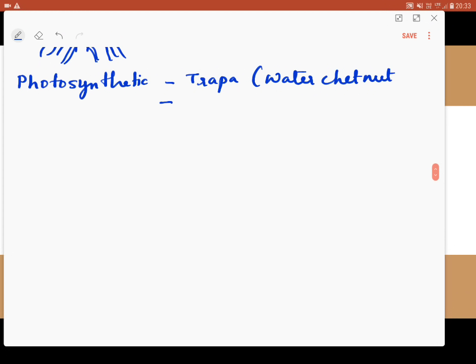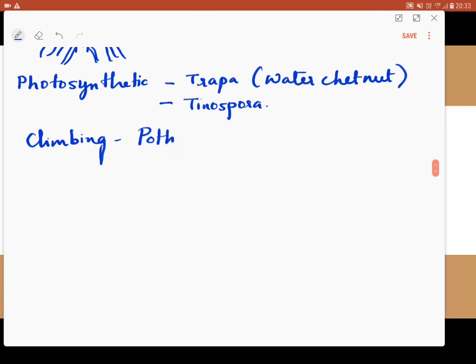We also see this kind of photosynthetic root in Tinospora. Here we see the roots performing the function of photosynthesis. Certain roots help in climbing. There is a plant named Pothos aurantiacus.